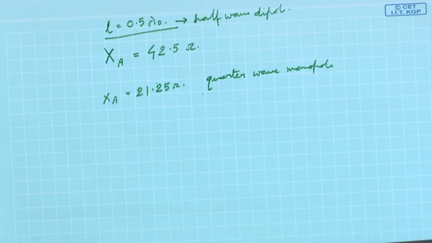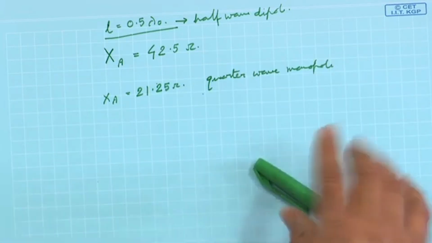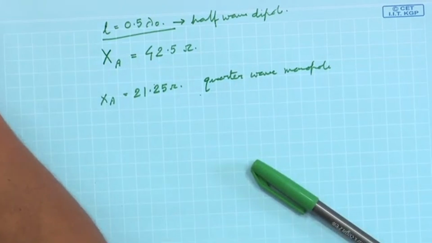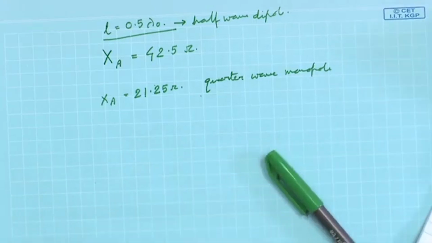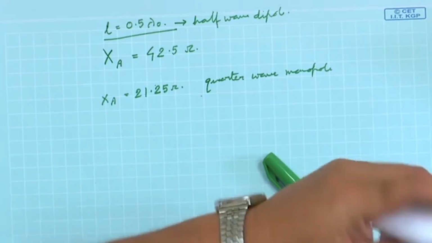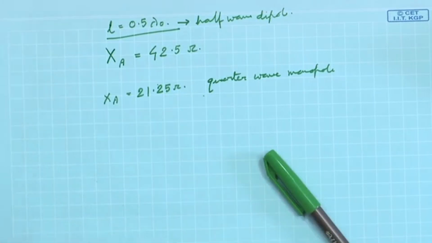But generally do not take it beyond lambda, because then the problems of very high loss resistance etcetera come. That is why there can be problems like this.